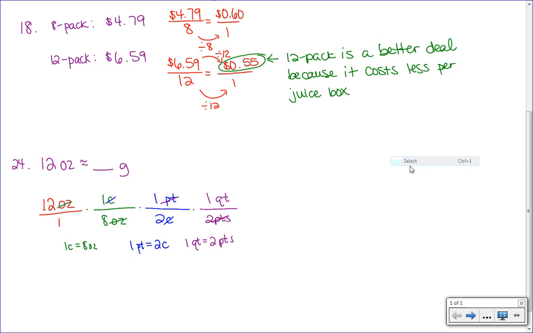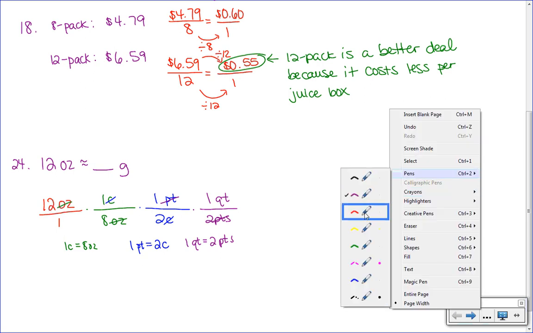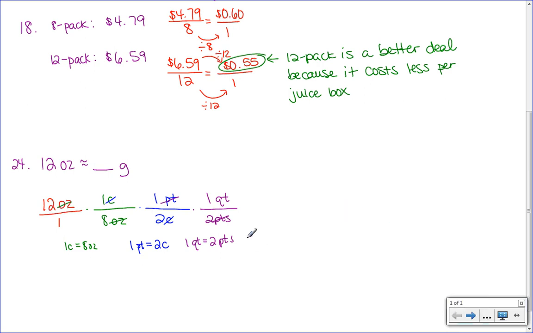Okay, one last conversion. Now the one we need says that 1 gallon is equal to 4 quarts. So we want to cancel out the quarts in the numerator, so we'll put the 4 quarts in the denominator and 1 gallon in the numerator.